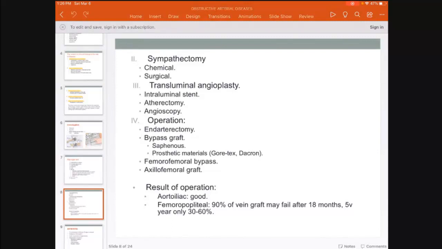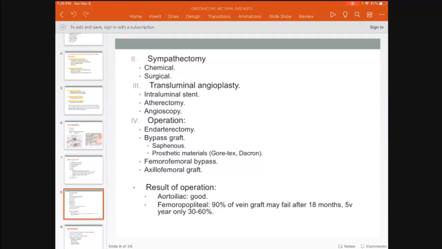And sometimes we can do a femoral bypass. For example, if I have one femoral artery blocked and the femoral artery on the other side is normal, I do a graft from the normal femoral artery to the affected femoral artery. This is what we call femoral bypass.